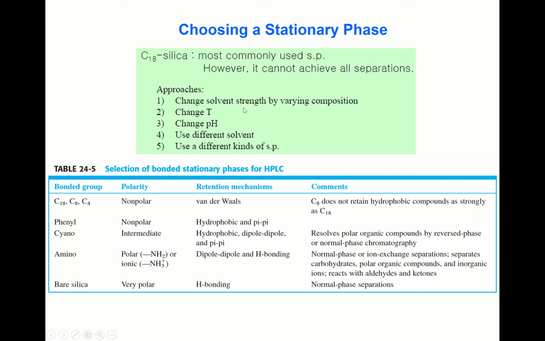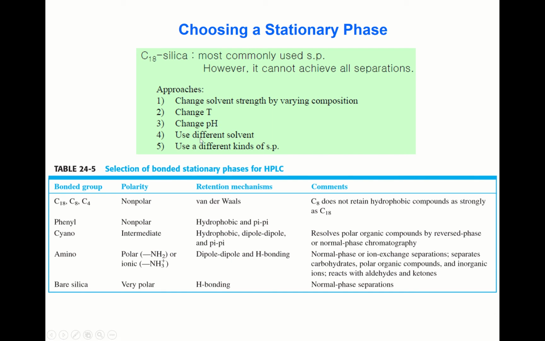First, change solvent strength by varying composition. We've already considered how to choose solvent: one solvent, or two or three solvents with aqueous buffer. Also you can change the temperature and change the pH.